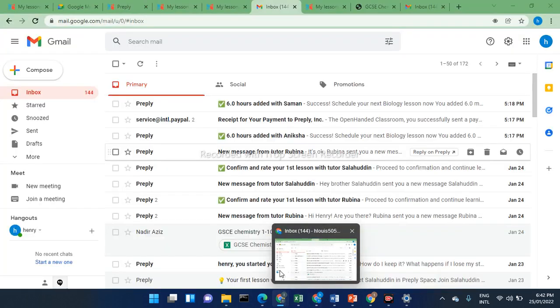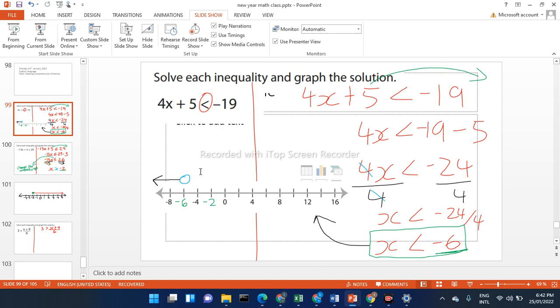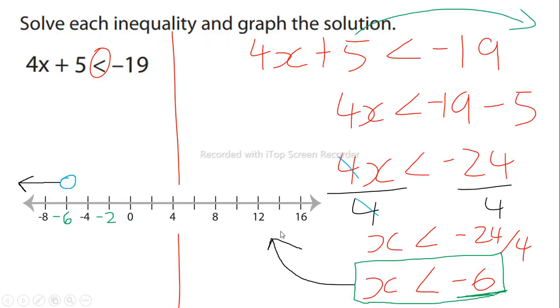Okay, so let's explain this. The question is, when we consider this, she's trying to figure out for our number line, we have 0, -2, -4, -6, -8.